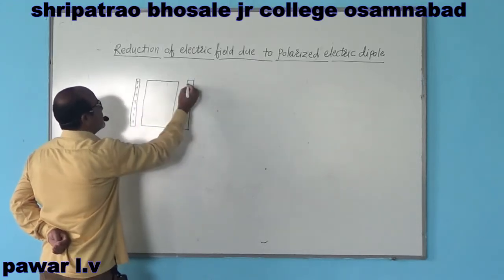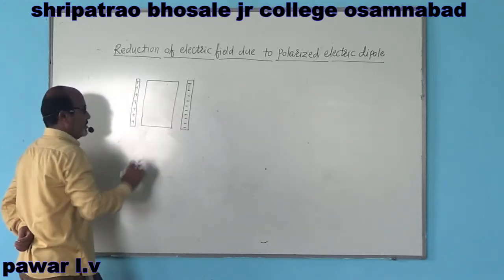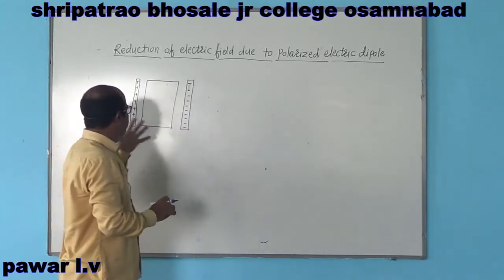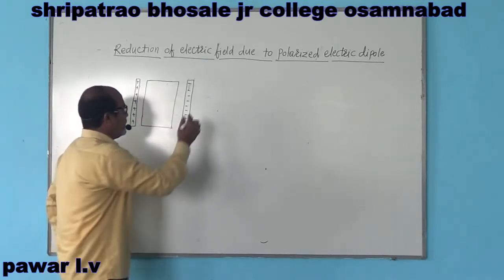This is positively charged, this is negatively charged. These two charged metal plates, which are parallel to each other, produce uniform electric field.